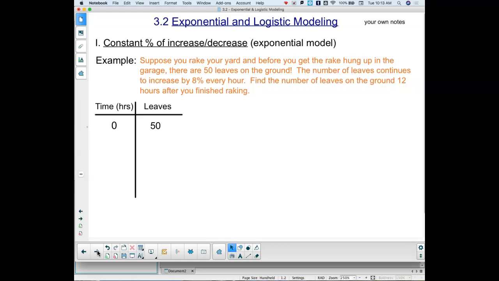The number of leaves continues to increase by 8% each hour. So let's say you got done raking leaves. You decide, I'm going to go inside and grab myself a quick sandwich. So 1 hour later, how many leaves are now on the ground?